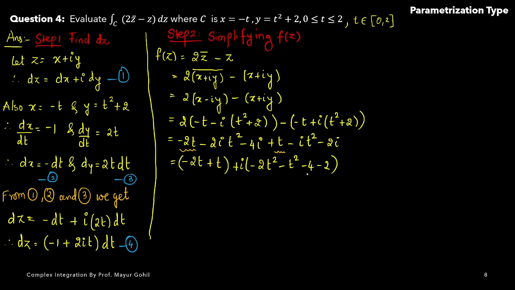So here we will have minus of t plus i times minus of 3t square minus of 6. That's what we have as the simplified version of the function.